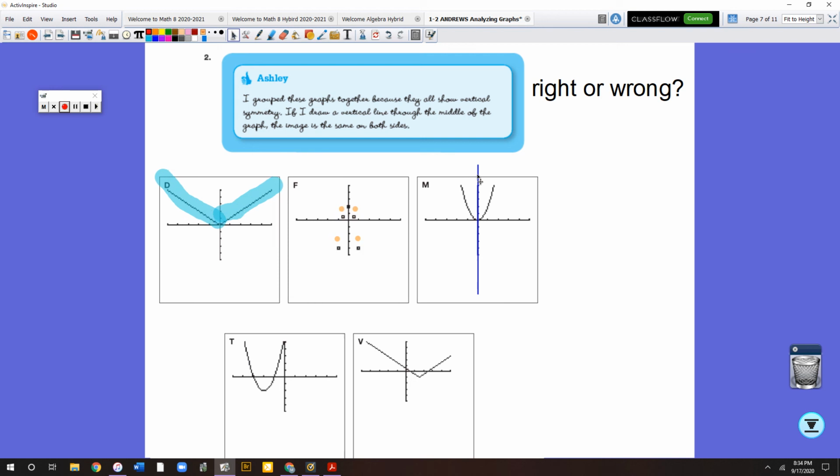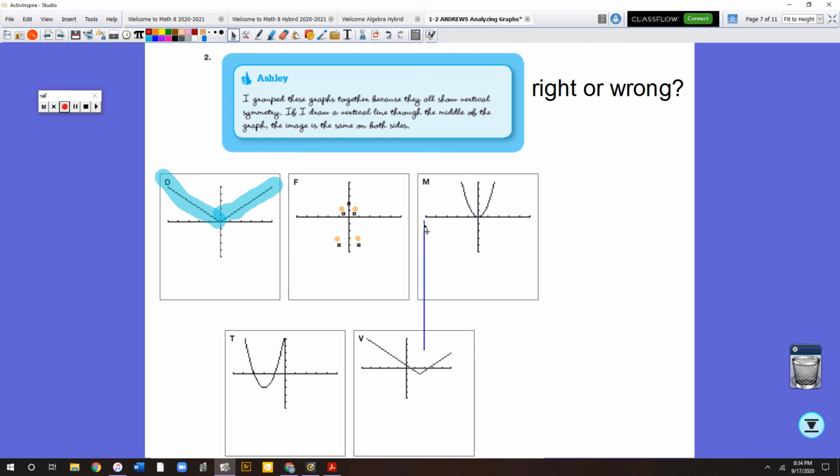Where they're trying to get you is at this graph, graph V, okay? And T is also symmetrical. It's just not symmetrical around the y-axis. T is symmetrical at the bottom of the curve, which you're going to learn in future lessons is called the vertex, but it is still symmetrical when I put the vertical line down through the vertex.